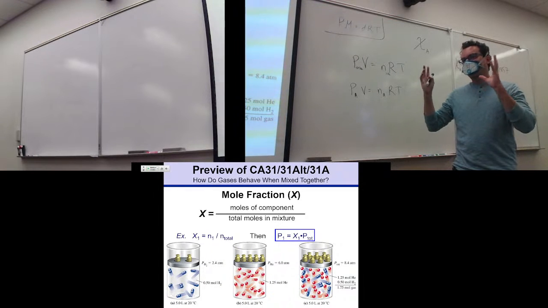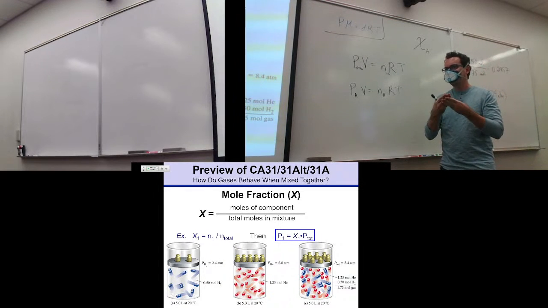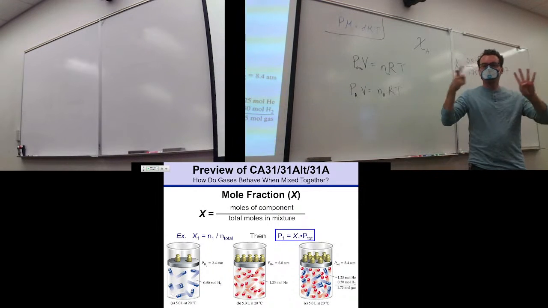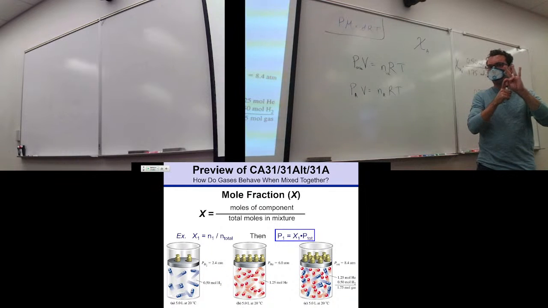So for any gas, you need at least 3 of those variables to understand the state of the gas, right? So there's pressure, volume, temperature, and moles. Those are the 4 variables you need to fully describe a gas. If you're missing one, that's okay. You can calculate the 4th using PV equals nRT.